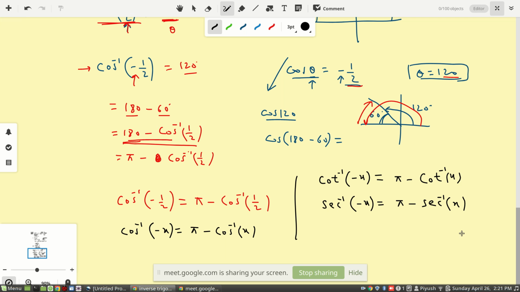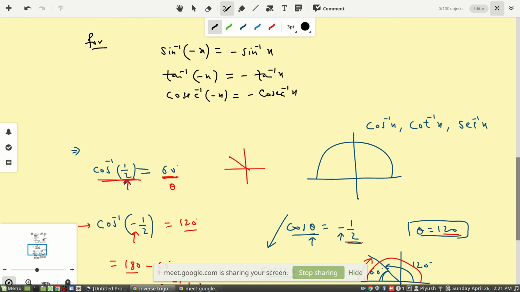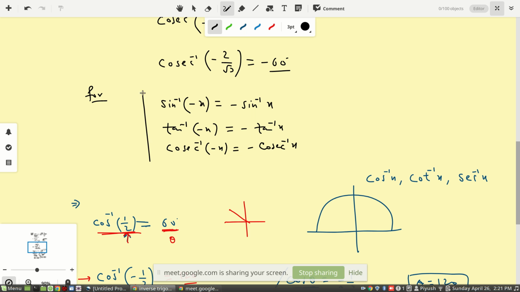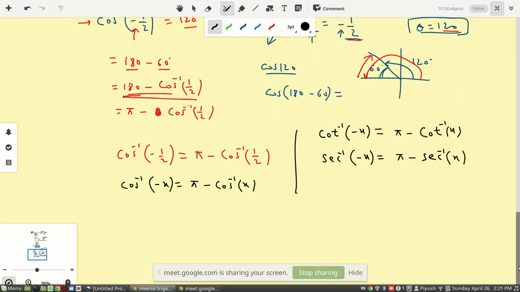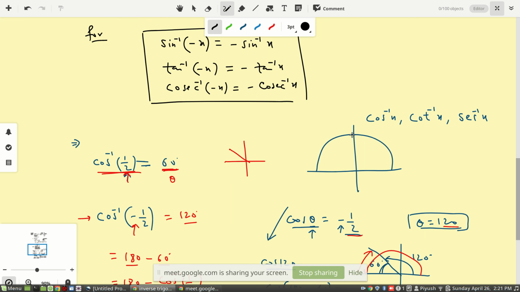So this is one set of the formulas, and the other set is this one. When the inverse is in this region, whatever the answer is for the positive, if this is theta, then you do pi minus theta for the negative.